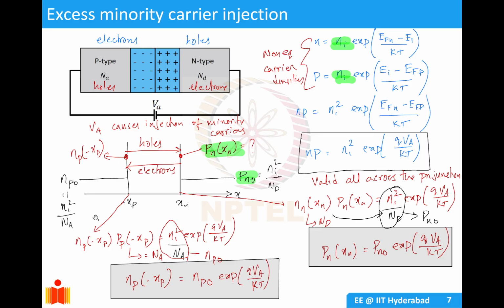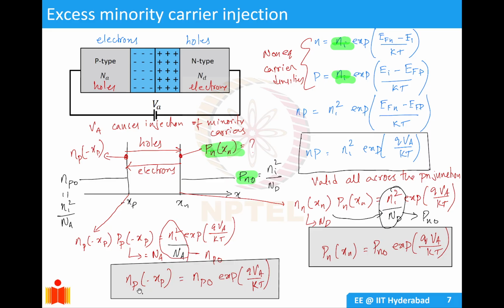Then you can put here np of minus xp times pp of minus xp equals ni square exponential qVA by kT. The pp of minus xp is Na, which we know from here; these are majority carriers, so there will be Na, and Na is also here, so it cancels out.